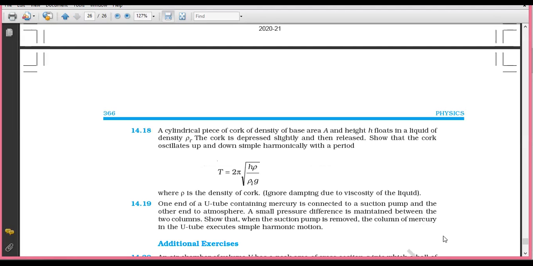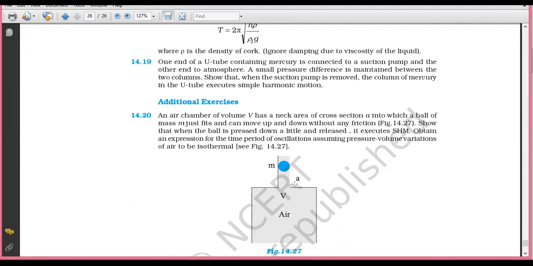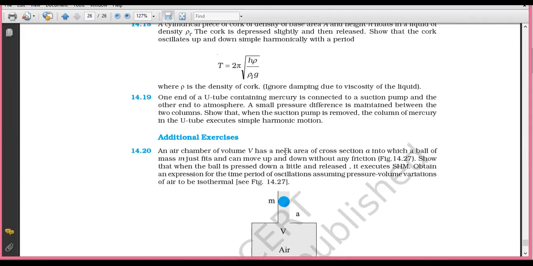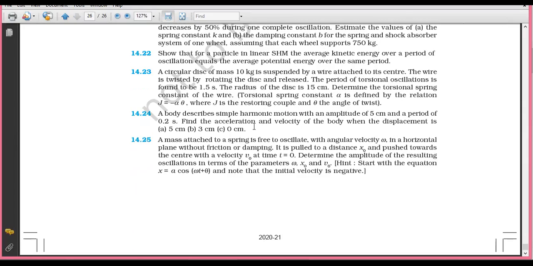My PDF is causing a lot of trouble. So we'll talk about these additional exercises in the next class. Okay, with that, I think this chapter will be over. So this one I need to discuss, and then I need to discuss this one. Piece of car oscillating.